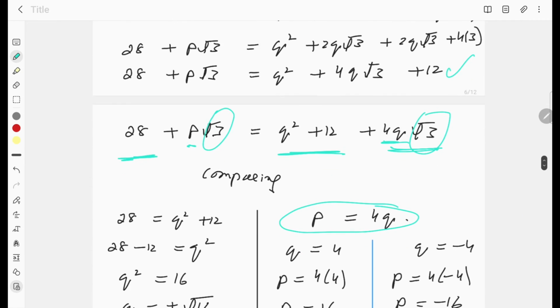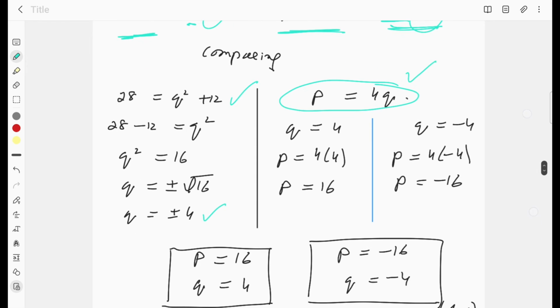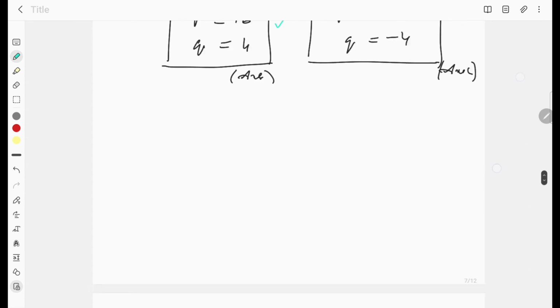So these two are equal. I can simplify it and get q square equals to 16, which is q equals to plus minus 4. Then I go to the second equation. I have two values of q, one is plus 4 and the other is minus 4. When I plug in this equation, I get two values of p, plus 16 and minus 16. So two sets of values are my answer.